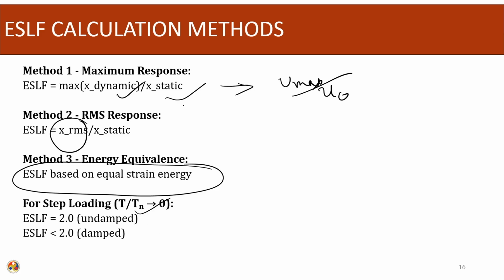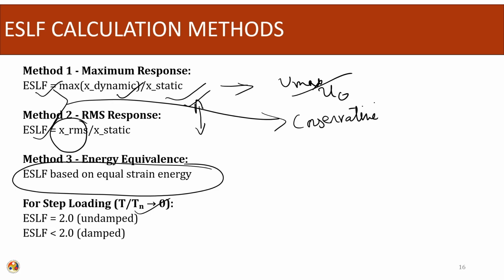In different books or methodologies, different types of equivalent static load factors are used. Most of the time we try to calculate using the maximum ESL factor. That will give us a conservative design. We always go for a conservative design, so we will always try to calculate the maximum ESLF.